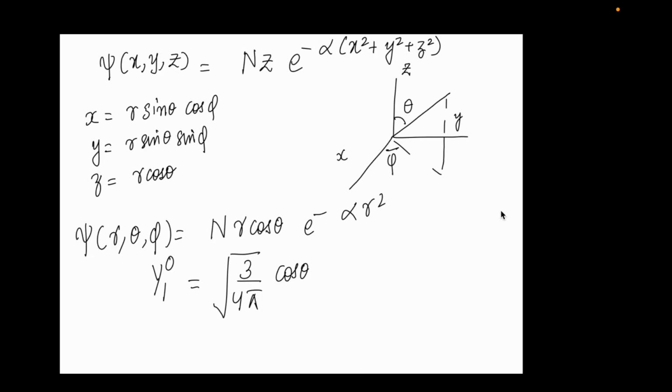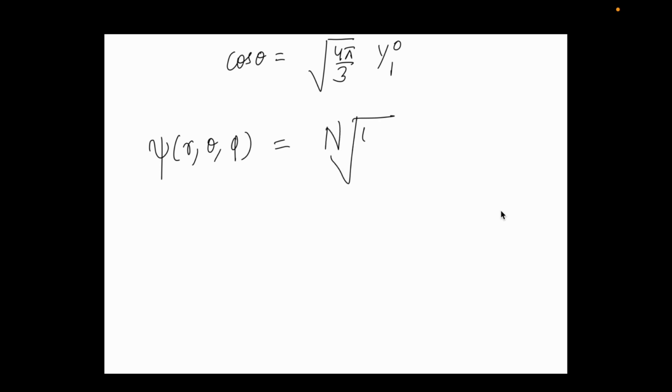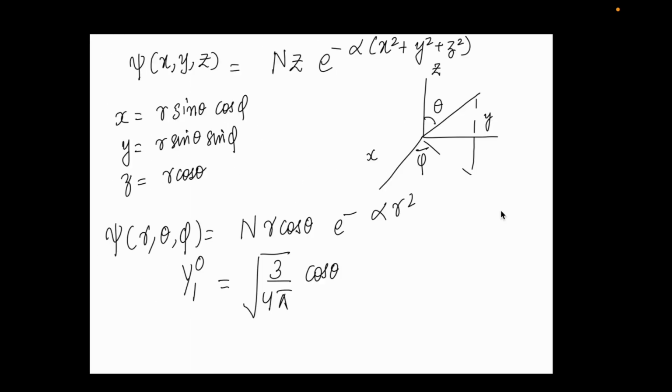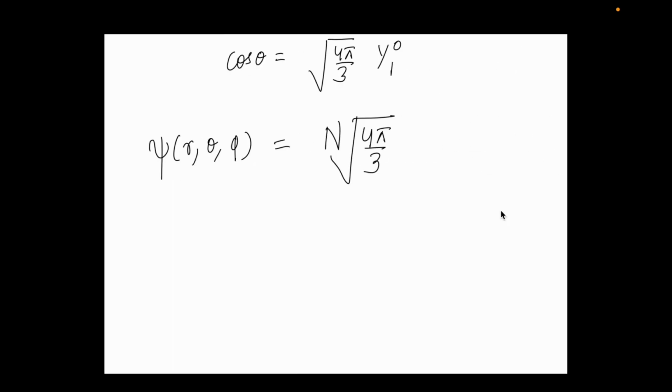Now cos theta you can represent as square root of 4 pi by 3 times Y10. So psi of r, theta, phi is N square root 4 pi by 3, Y10, and e to the power minus alpha r square. The radial part and the angular part you have separated for the wave function.